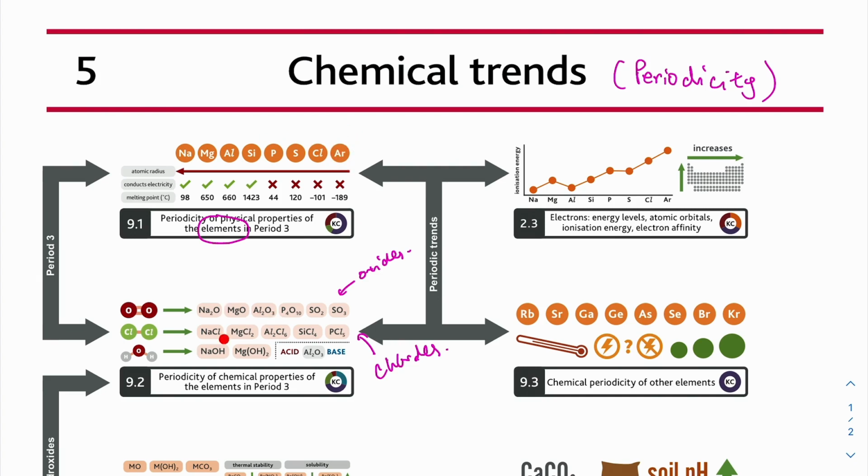Of course, for the oxides and the chlorides, we can talk about the structure and bonding as well. It is interesting that here you have SO2 and SO3, sulfur in the +4 and +6 oxidation states. But here you are just given P4O10, rather than being given the option of P4O6, which is phosphorus +3.